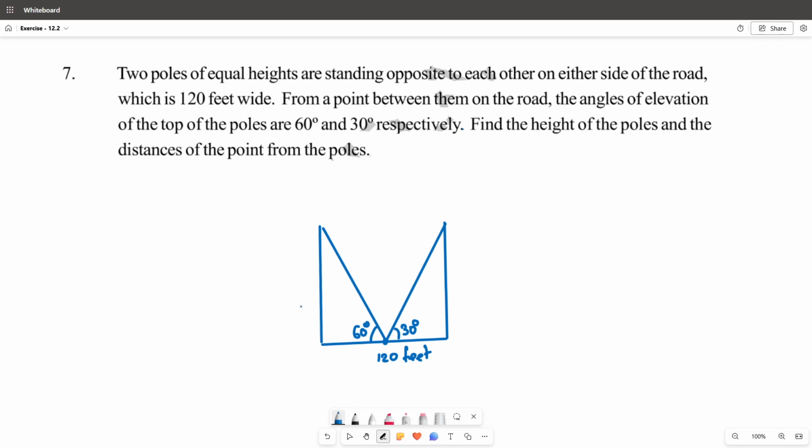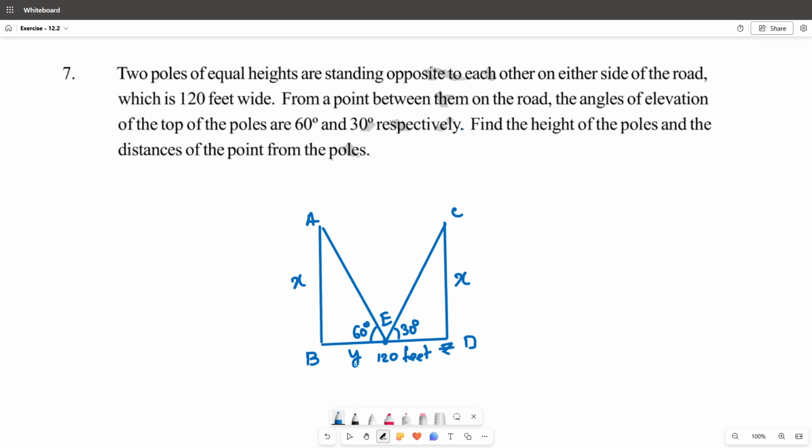So we need to find this length of the pole, that is, let this be x, then this is also x, and we need to find the length of this, y, and the length of this, z. Let these points be A, B, C, D, and let this point in between be E. Now we have two triangles and we need to find the lengths x, y, z.